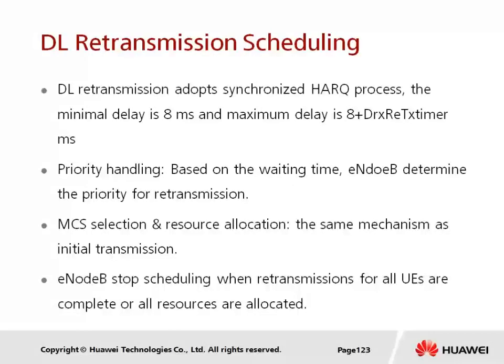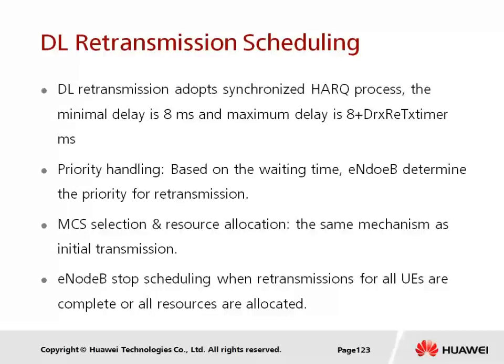And as compared for the user plane, we have seen that earlier that for user plane, which is traffic, retransmission is having higher priority compared to initial transmission. So retransmission adopts synchronized HARQ process with the minimal delay of 8 milliseconds, maximum delay of 8 plus a timer milliseconds. So based on the waiting time, the eNodeB determines the priority for retransmission, meaning those data which have been waiting for the longest time in the retransmission buffer have the highest priority.